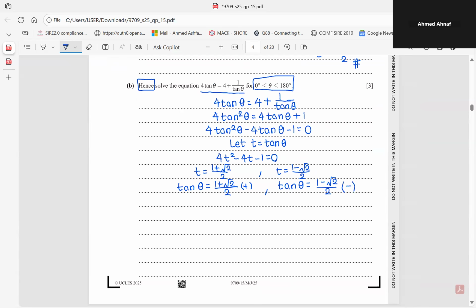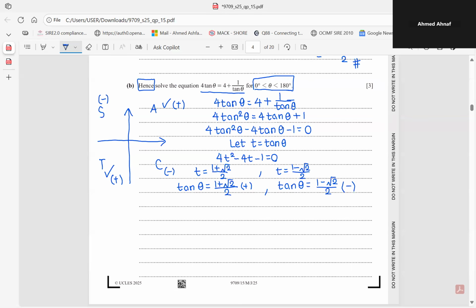So let's draw a unit circle first. So the quadrants for which tangent is positive is A, S, T. So T and A is where tangent is positive, and S and C is where tangent is negative.